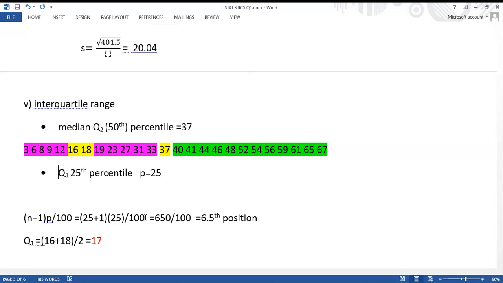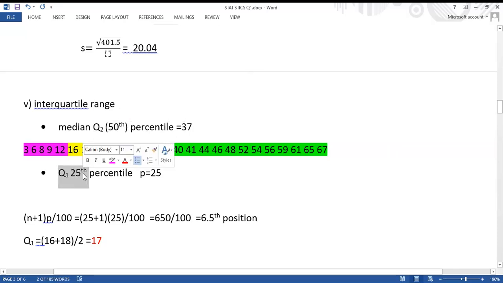So you can find the median of that whole data by just finding 50% of it. That will give you the 50th percentile, which is the middle position. So Q2 is always the 50th percentile.